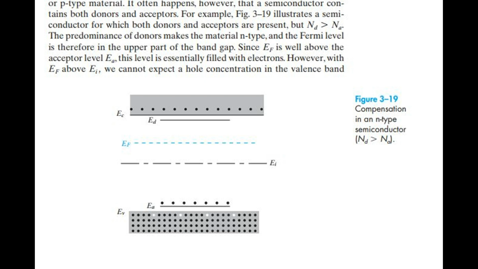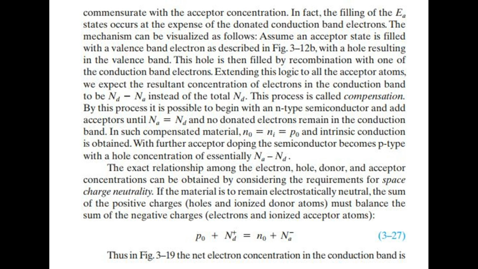The exact relationship among the electron, hole, donor, and acceptor concentrations can be obtained by considering the requirements for space charge neutrality. If the material is to remain electrostatically neutral, the sum of the positive charges, holes and ionized donor atoms, must balance the sum of the negative charges, electrons and ionized acceptor atoms. p0 plus Nd+ equals n0 plus Na-, Eq 3-27.